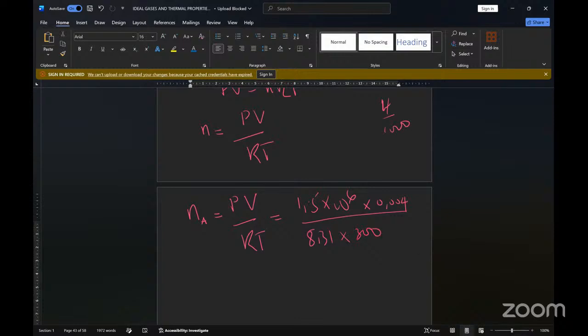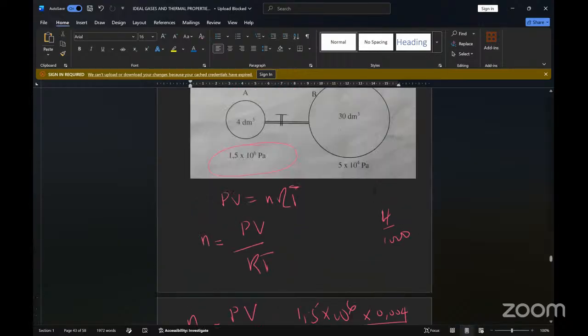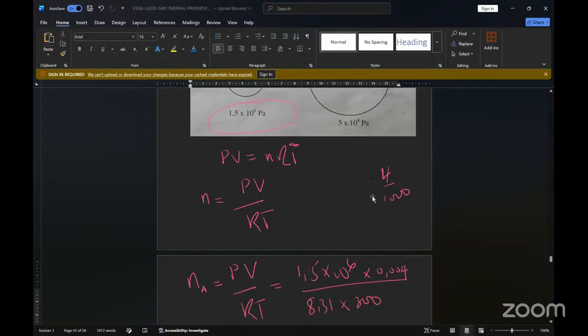So the value of Na, let's calculate it. This is going to be 1,5 times 10 raised to the power 6.